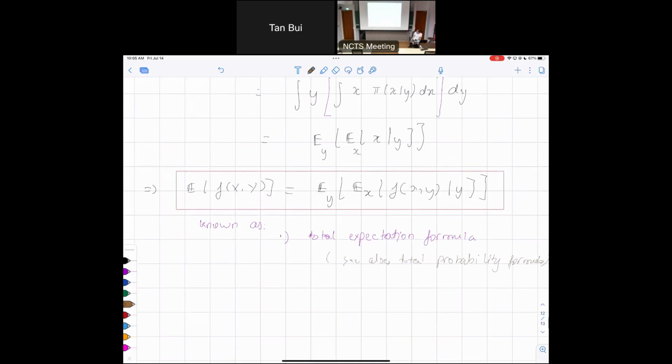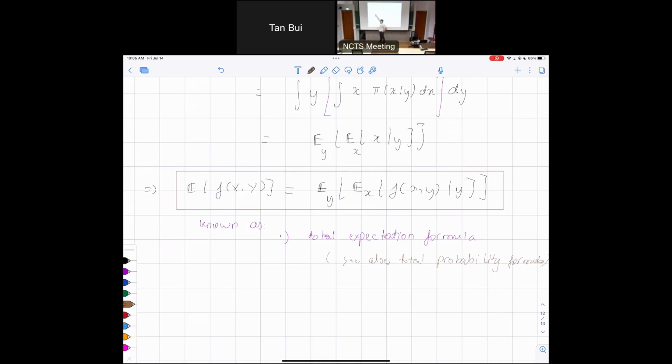In fact, from the total expectation you can recover the total probability formula if you replace f with 1_A. Remember that f can be any measurable function here, in particular an indicator function.